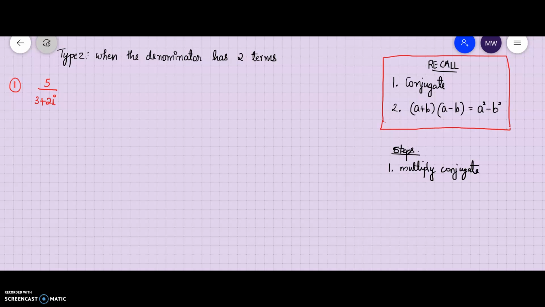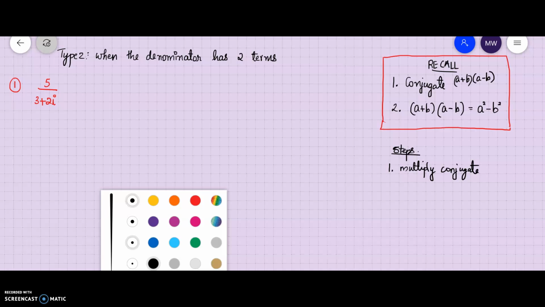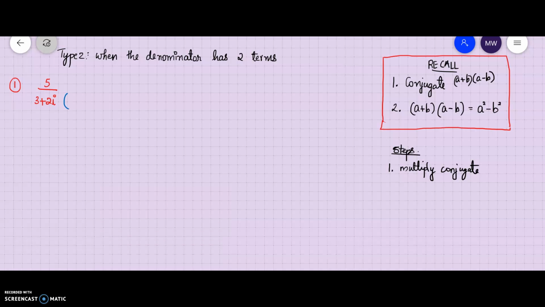If you recall, the conjugate of a plus b is a minus b, and the conjugate of a minus b is a plus b. So the complex conjugate of 3 plus 2i is nothing other than 3 minus 2i.